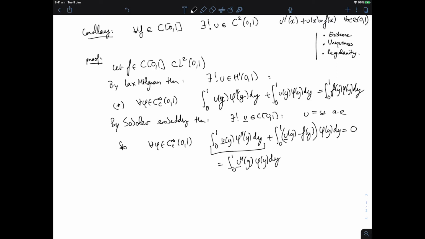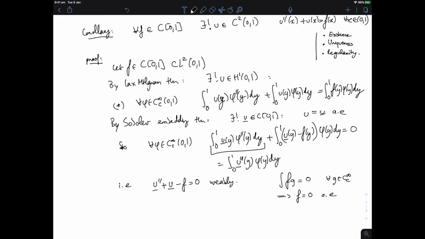But what I have now is that minus u bar second plus u bar minus f is 0 weakly. And it's 0 when integrated against any C infinity compactly supported function. But the only way that you have the integral of f times g equal to 0 for all g C infinity compactly supported is if f is 0 almost everywhere.